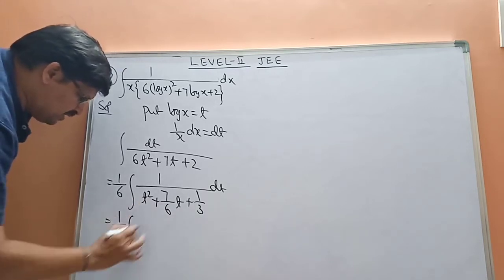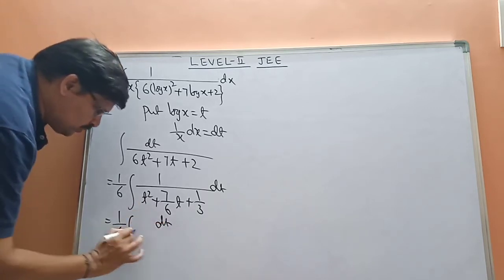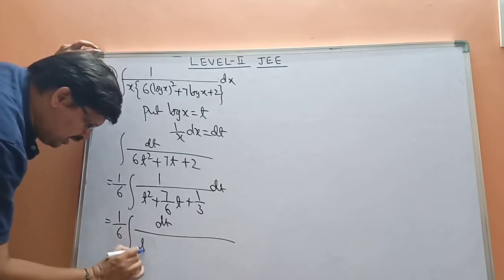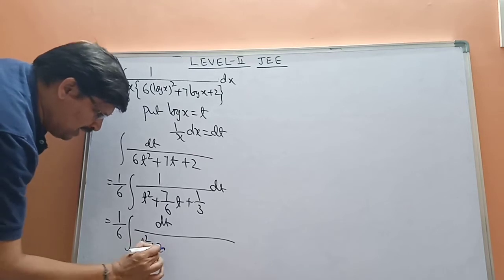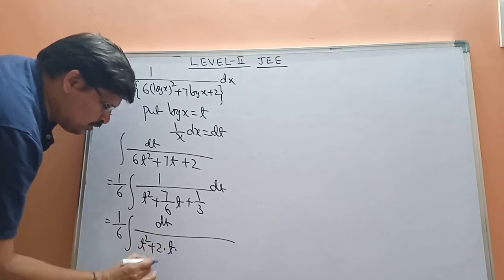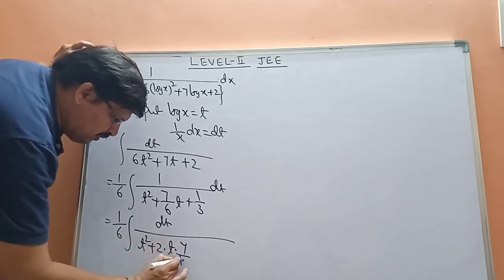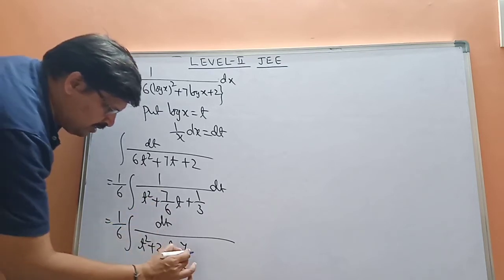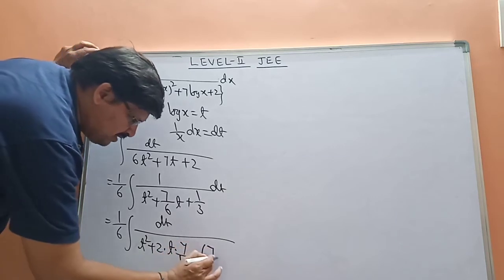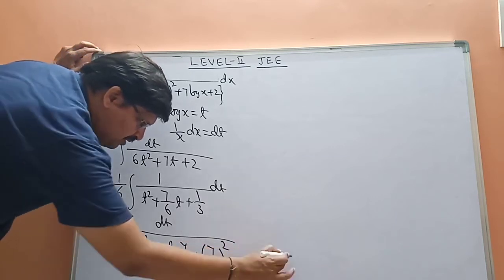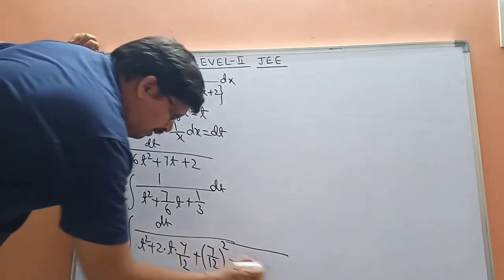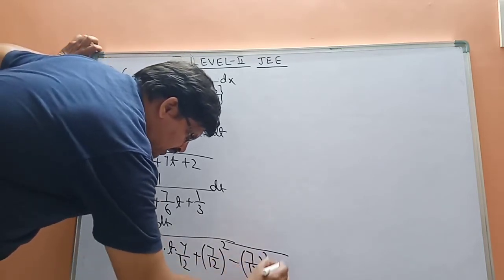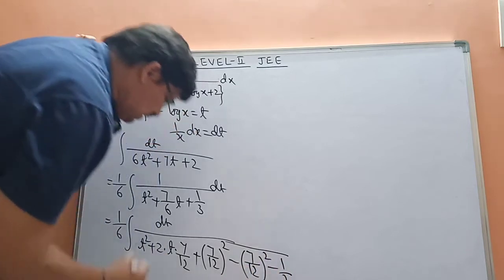So this is t square, that is a square. 2 into a means t, so b means 7 by 12. So 2 and 6 cancel, so 7 by 6 t, that is correct. That's why adding b square, 7 by 12 whole square, and at the same time subtracting 7 by 12 whole square, minus 1 by 3 dt.